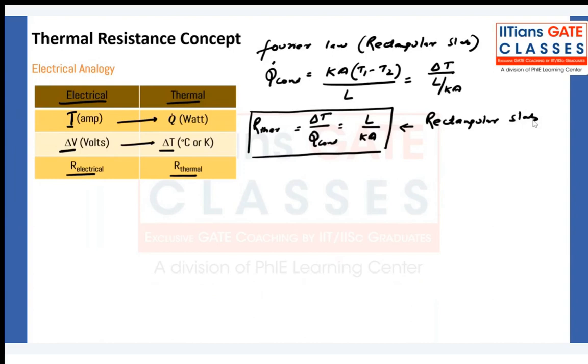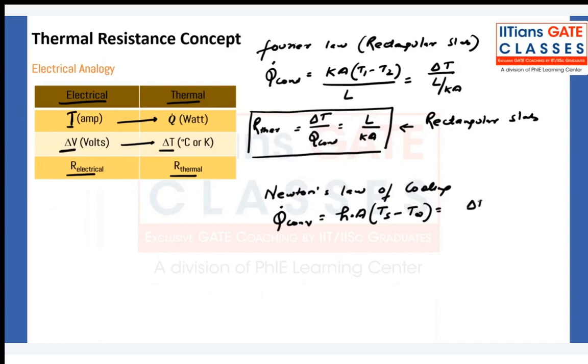Okay. Now I can also do this for Newton's law of cooling. So what do I know? Q dot convection is equal to hA(T surface minus T infinity). So can I also write this as delta T upon Q dot convection is equal to 1 upon hA?